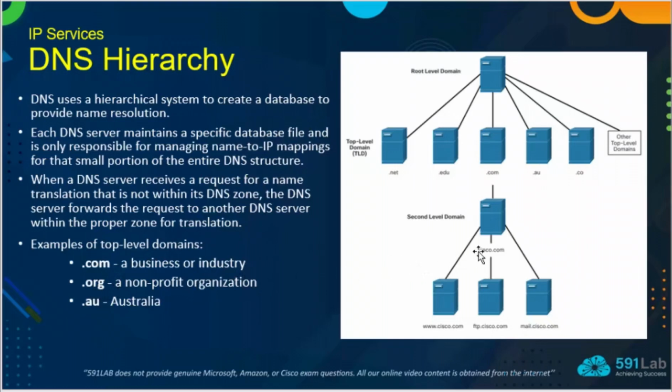Then under that we can have a name like Cisco.com. Then we now have www.cisco.com, which is for the web server, ftp.cisco.com for the FTP server, and mail.cisco.com, which is for the mail server. Alright, so that's for the DNS.